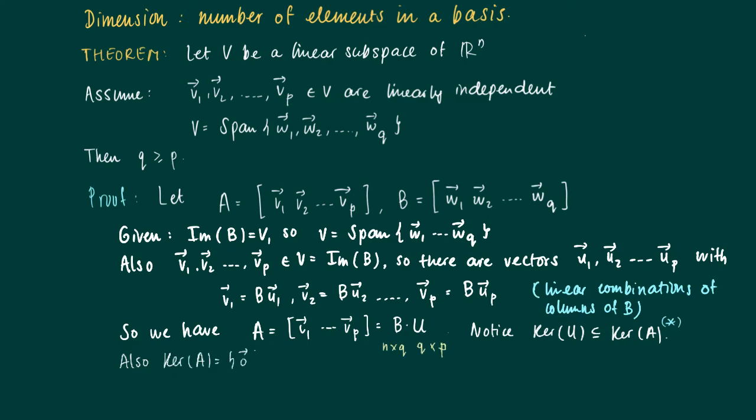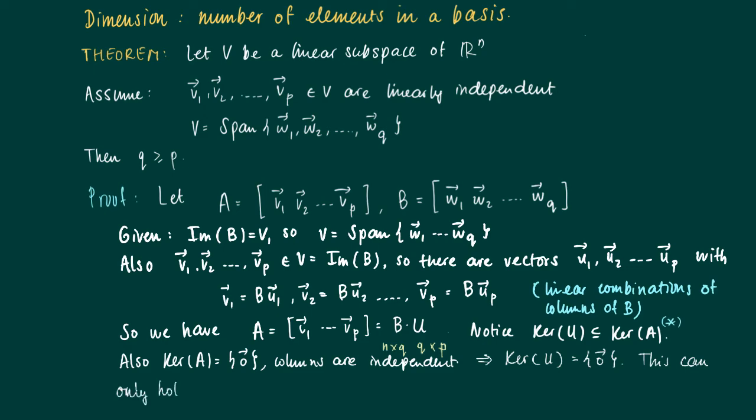Also we know, since the columns of A are all linearly independent, that the kernel of A equals the 0 vector. Since the kernel of U is included in the kernel of A, the kernel of U must be the 0 vector as well. Now this can only hold if U has more rows than columns, since U must be of full rank.